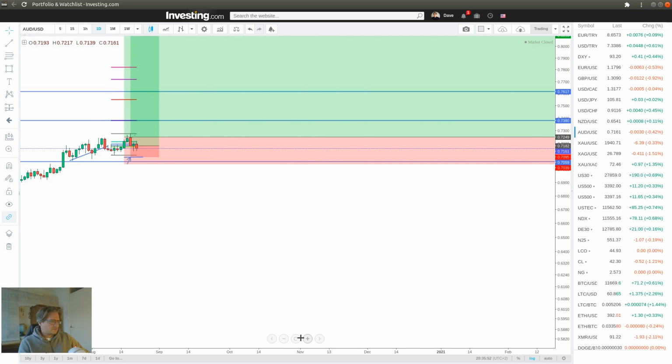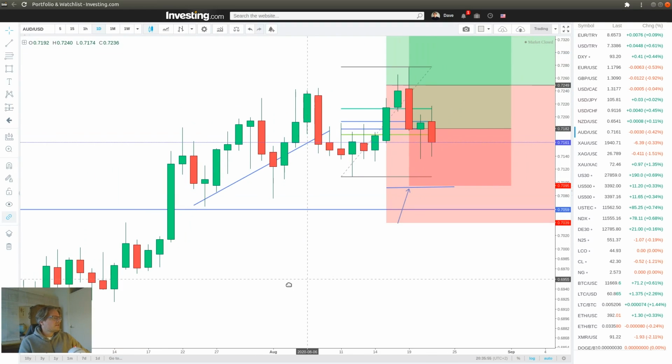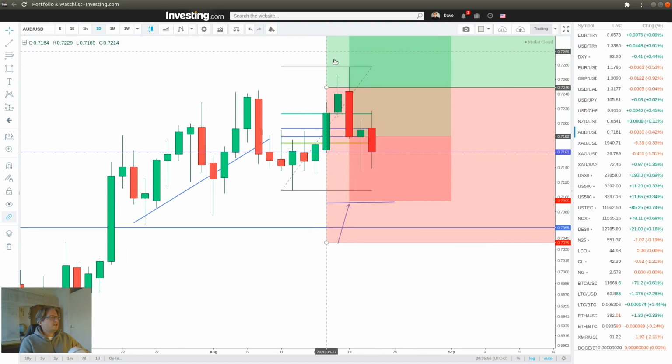let me zoom in a little bit better for you, and I decided to get in as we broke higher, and then also when we retraced, I decided to put an add-on trade, and then move the stop to below this low here, and also put the stop of this entry right there.